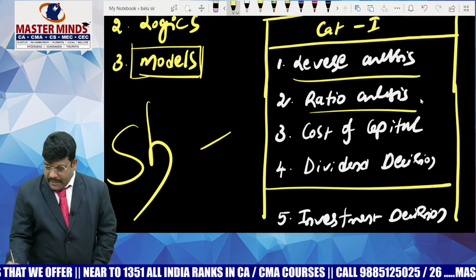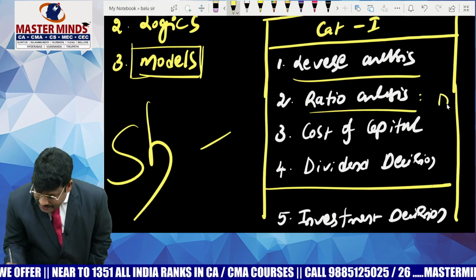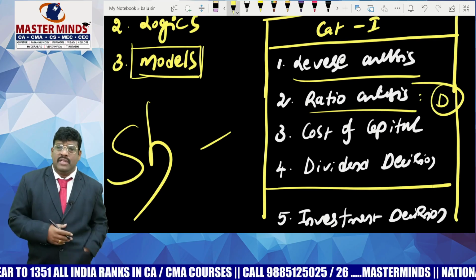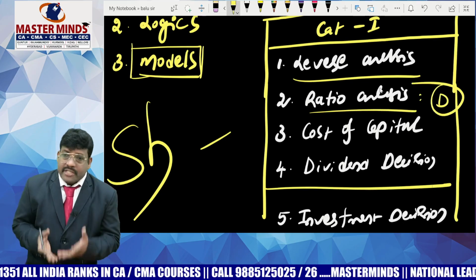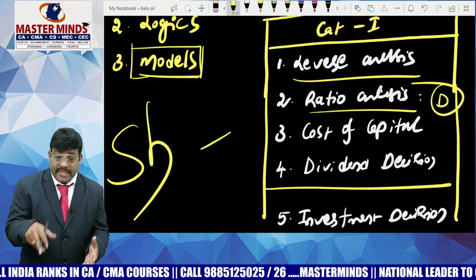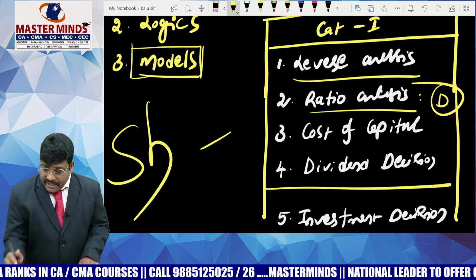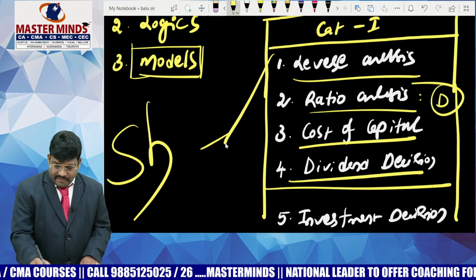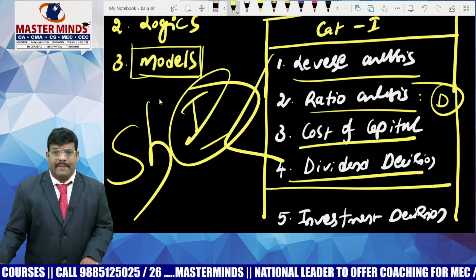Many people will say, yes sir, ratio analysis is difficult because we have to learn several ratios. But what to do here? It's very important, and at the end I will give you some tips for this. Along with leverage analysis, concentrate on cost of capital and dividend decision. Give first priority to these chapters.